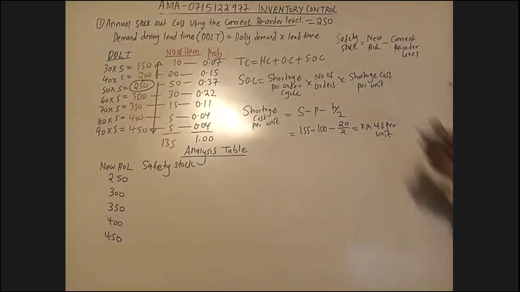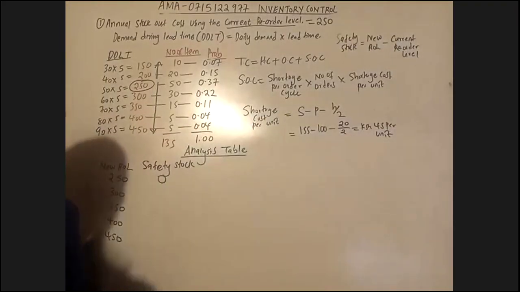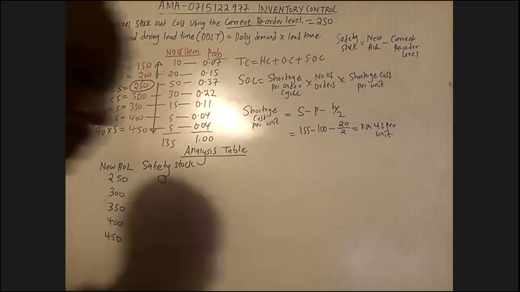Now, what's our current reorder level? It's 250. So ya kwanza 250 minus 250, so hapo safety stock is 0. So in that case, our safety stock is equal to 0.